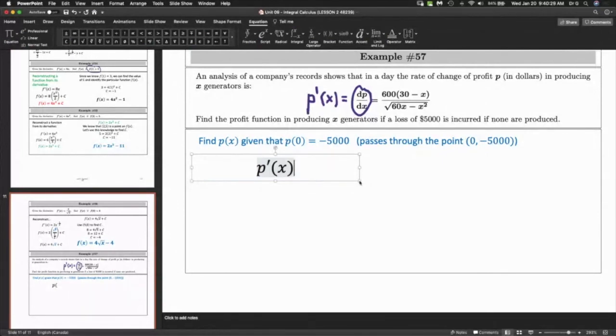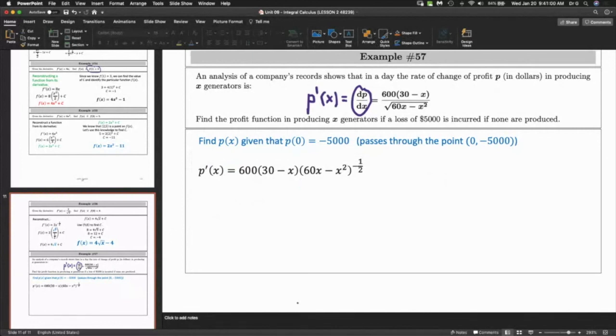And I'm going to rewrite the actual original derivative in a nicer way to build the antiderivative. So we're going to have here 600, 30 minus x. So I'm just copying the question a little bit differently. I'm going to write that to the negative a half. That's 60x minus x squared.